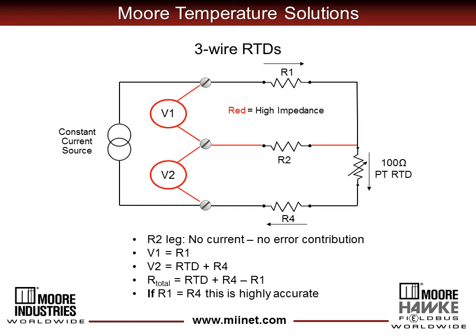And then we subtract the 2. And as long as the lead wire resistances R1 and R4 are the same value, they cancel one another, and we're left with the value of the RTD, and that is an accurate measurement.